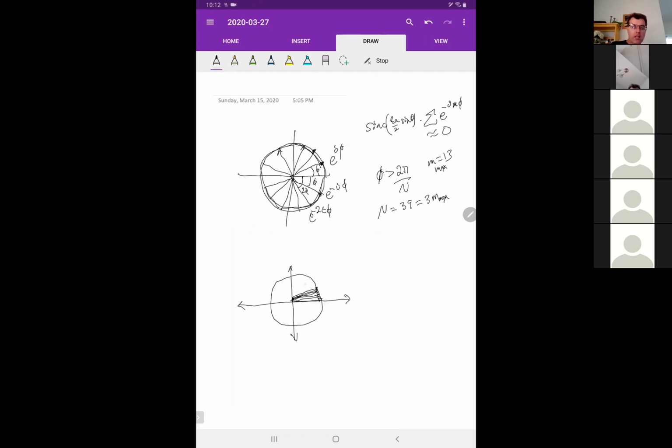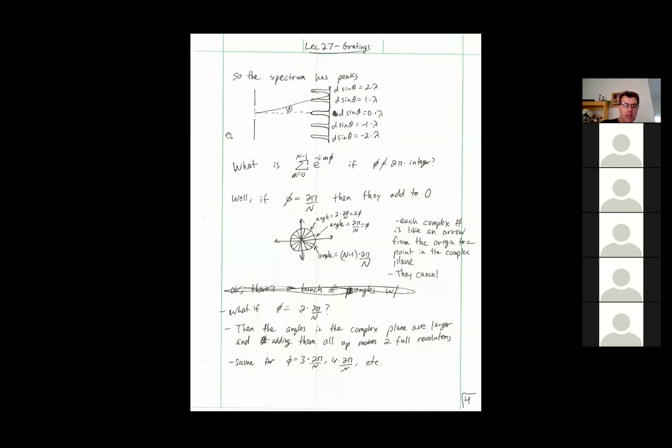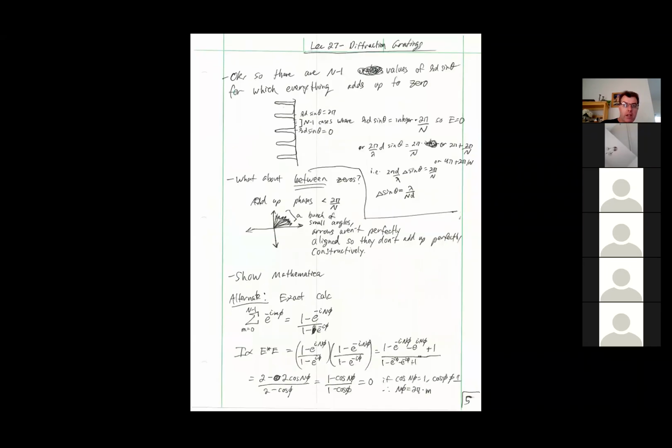That's the only way that this won't sum to either 0 or something very close to 0. And that is why we get these very sharp dots in the diffraction pattern of a grating.